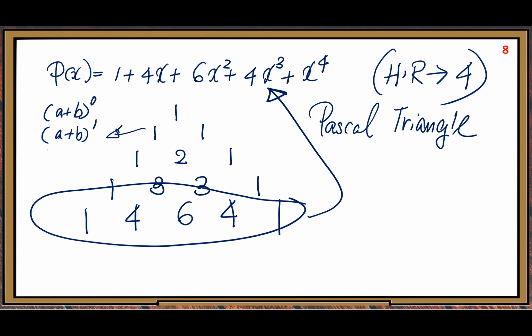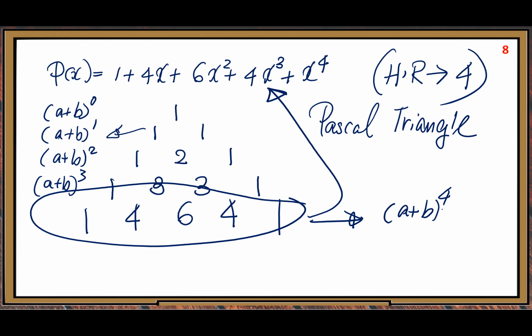The third line, (a plus b) squared. Then (a plus b) cubed. Then this line corresponds to (a plus b) to the 4th. If you do the expansion and multiply out, you get the coefficients 1, 4, 6, 4, 1, based on Pascal triangle.